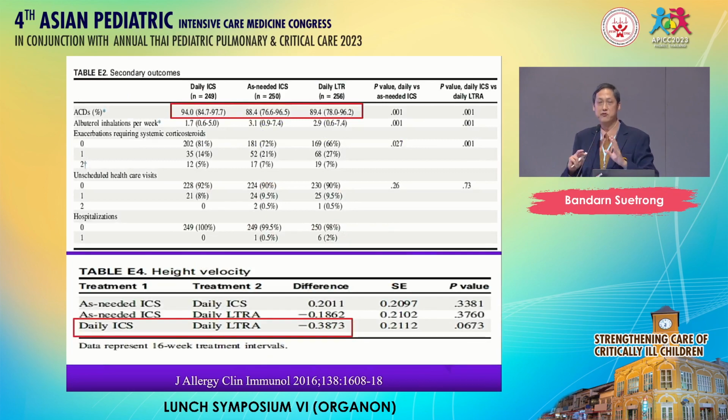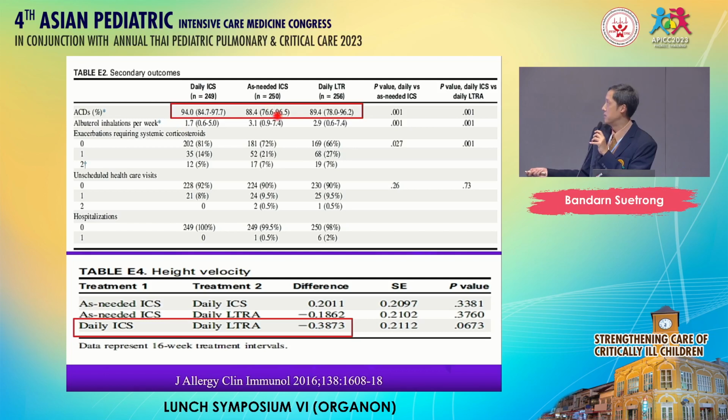They have treatment options to be compared. The first option is the use of daily inhaled corticosteroid. The second option is to use inhaled corticosteroid immediately after viral infection. And the third option is to use montelukast daily. And they compared the outcomes.